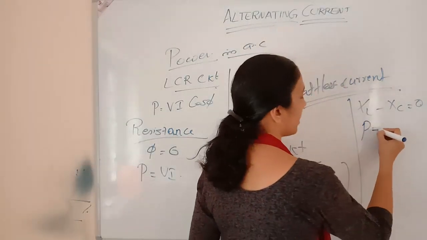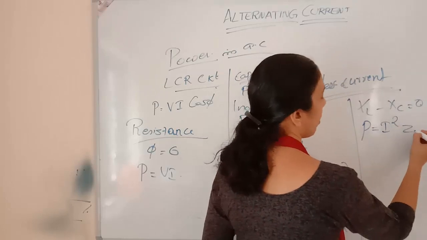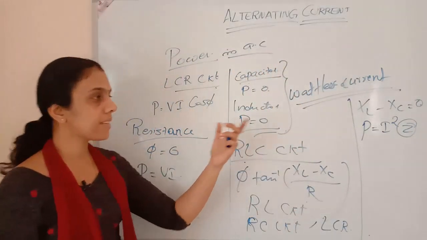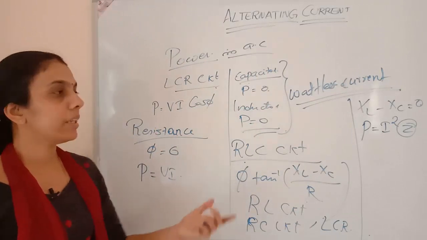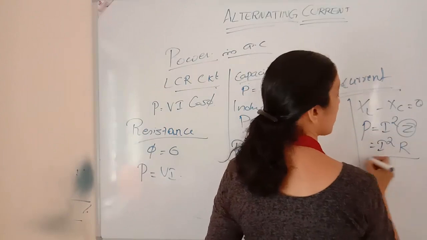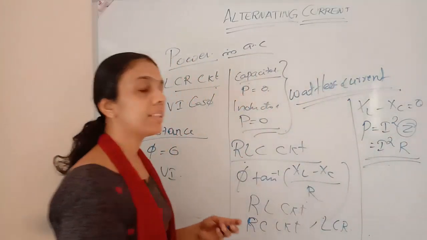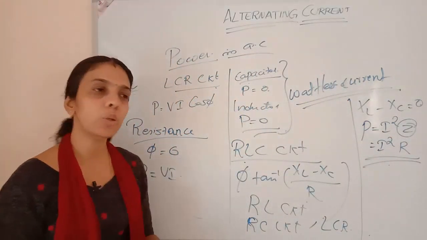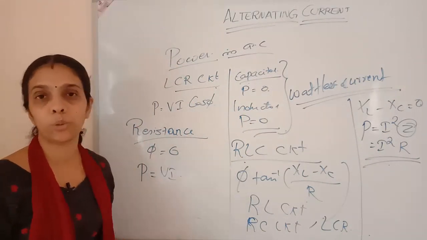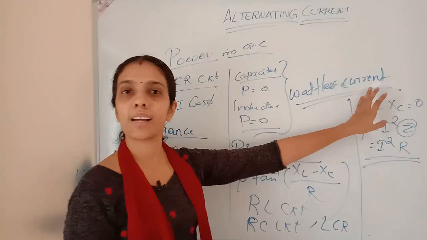Power P equals I square Z, and Z equals R only. If XL minus XC is equal to 0, then P equals I square R. At resonance the circuit is equivalent to a circuit that includes the resistance alone.